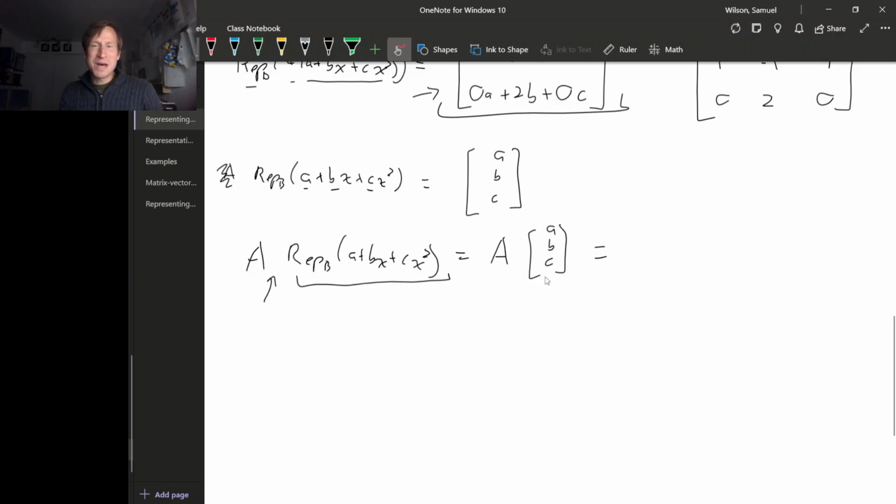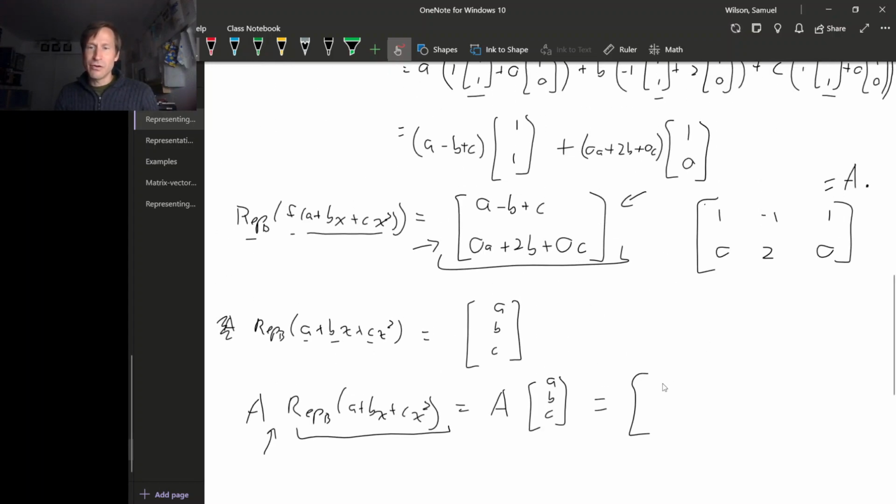Matrix A applied to the vector abc has to give us this right here: a minus b plus c, and then the second entry 0 times a plus 2 times b plus 0 times c.